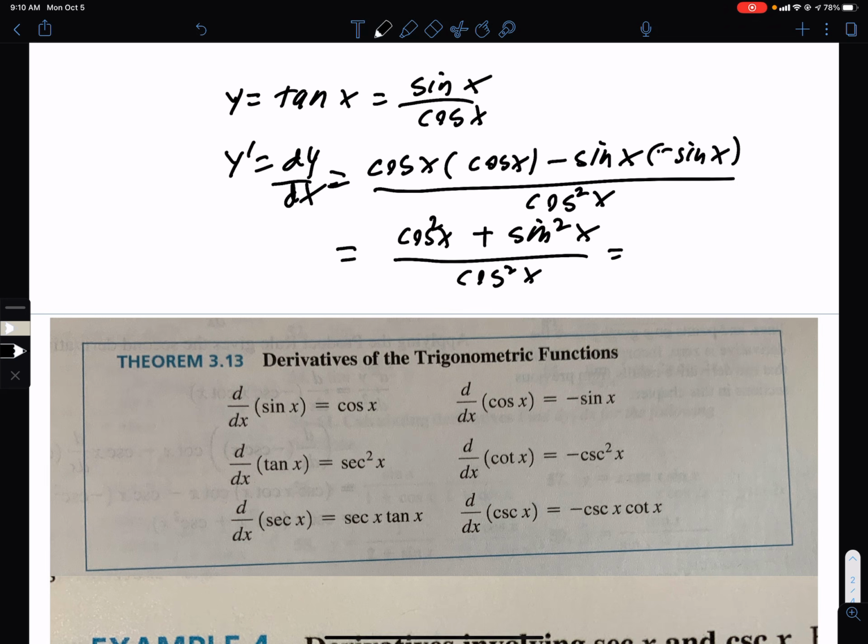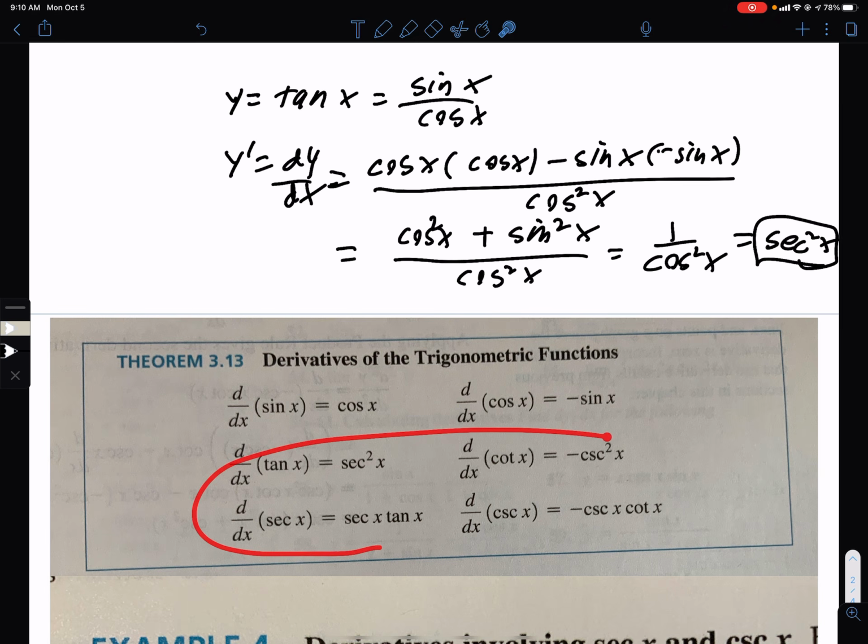But the top, by the Pythagorean identity, is 1, so we have 1 over cos squared x, and 1 over cosine is secant, so that's how we get our secant squared x. So you could actually derive these derivatives by rewriting it as a quotient rule. That's the lesson for today. Bye.